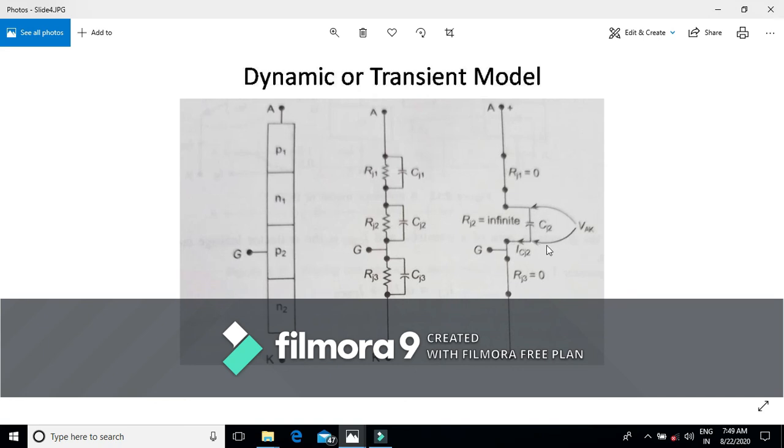Here C is CJ2, and the voltage is the same blocking voltage that is across junction J2, that means the anode to cathode voltage. The charging current ICJ2 is equal to CJ2 multiplied by d(V anode to cathode)/dt.